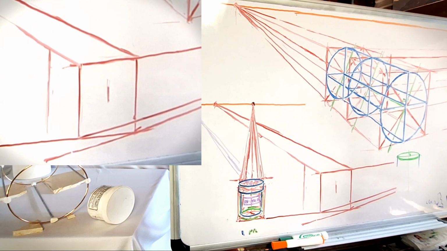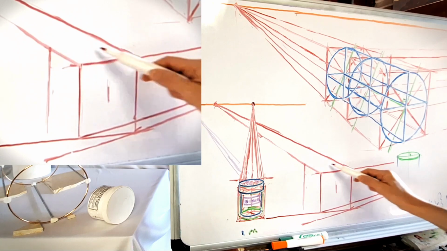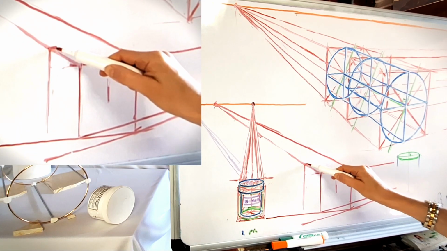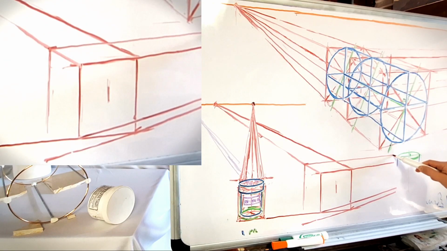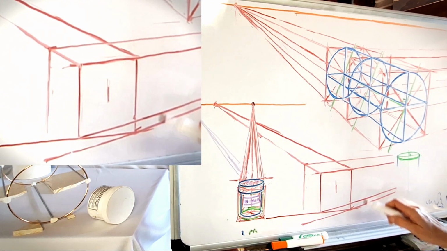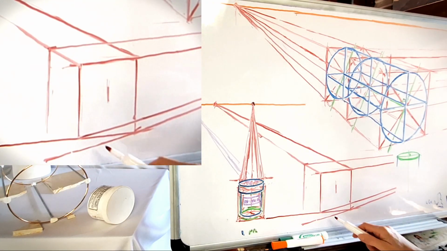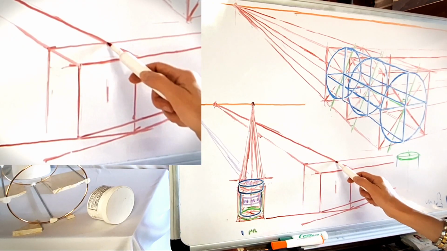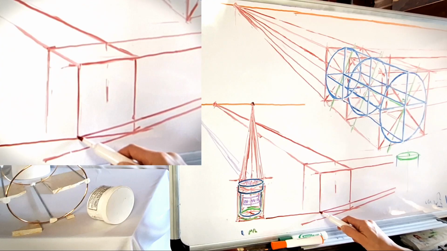Because then, if we draw from this intersection all the way in this direction, according to the rules of perspective, where they're all getting closer together at about the same rate, we find this, right, which is important because this is going to go down here.